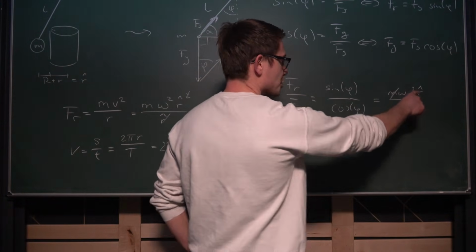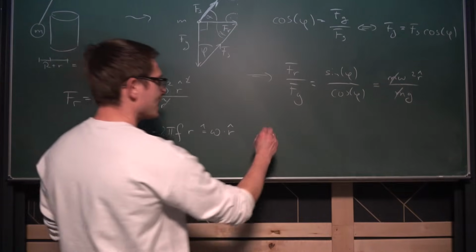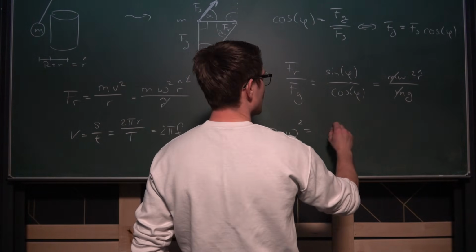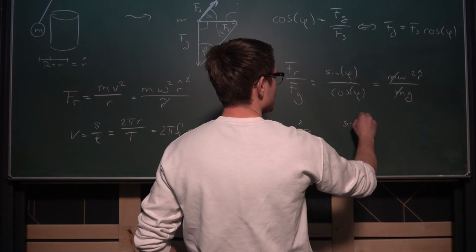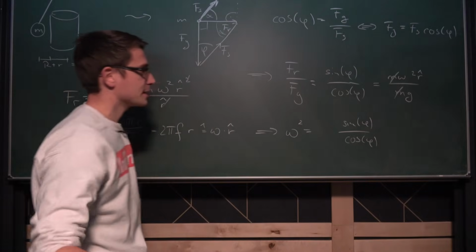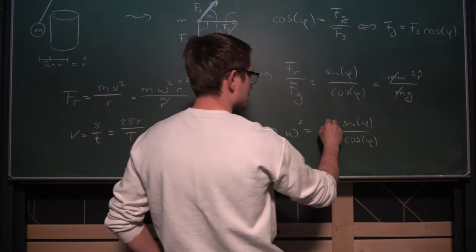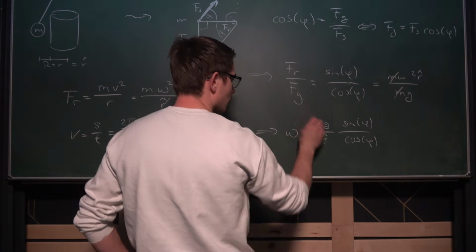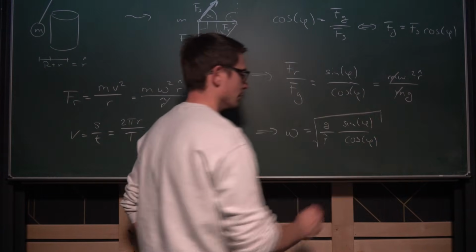Multiplying both sides by g and dividing both sides by r hat is going to result in omega squared being equal to the sine of phi divided by the cosine of phi, otherwise known as the tangent of phi, times g divided by r hat. Now by taking the square root of all of that, we are going to get ourselves the angular velocity.